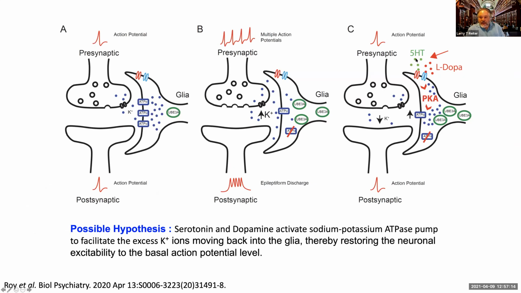So what we think is happening is if you free up levodopa, or you have more levodopa or more serotonin, you actually stimulate this pathway, which activates the remaining ATP alpha to normalize this potassium back to control levels, and you stop seeing the seizure phenotypes in the flies.